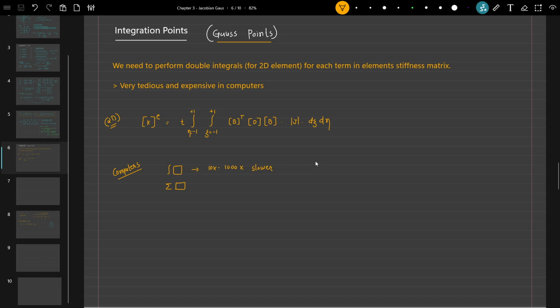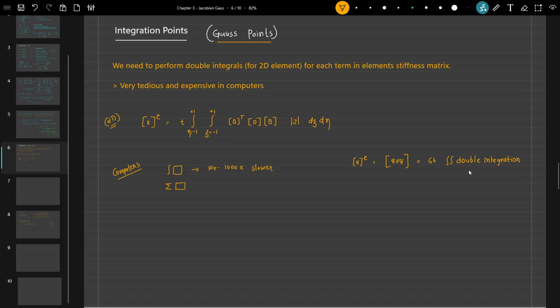And remember, this is only about one term. In FEA, for one element, for example, a linear quadrilateral element, we have an 8 by 8 matrix. And in this matrix, all 64 terms have double integrals. So we need to perform 64 double integrals to obtain the stiffness matrix for one single element.